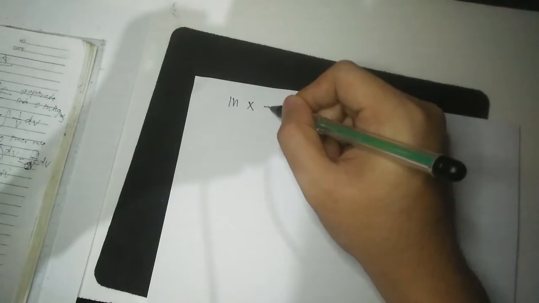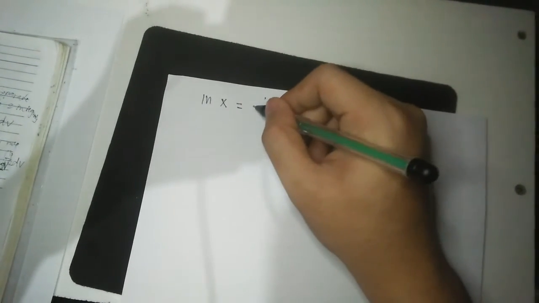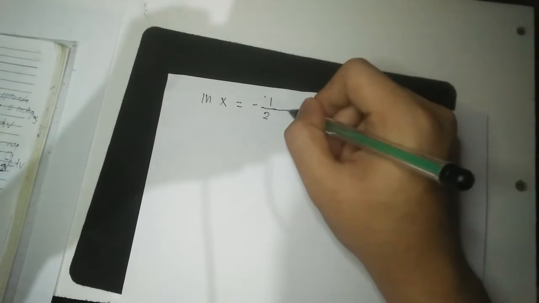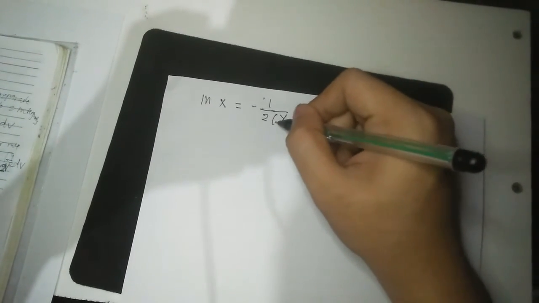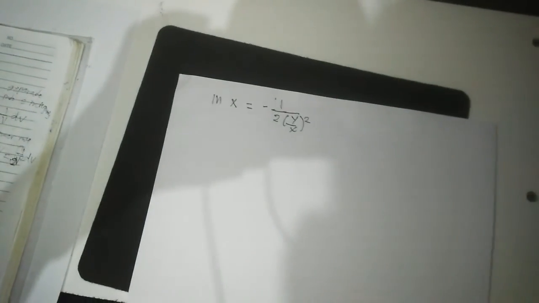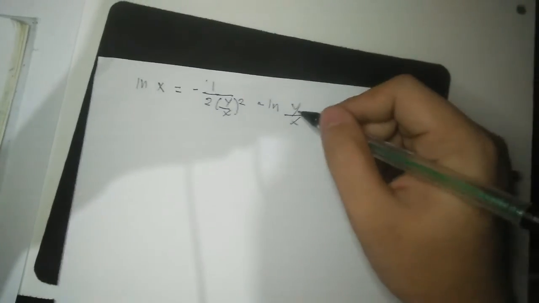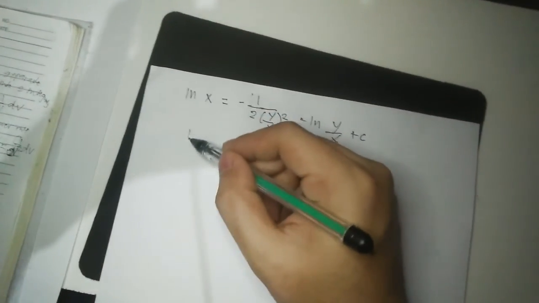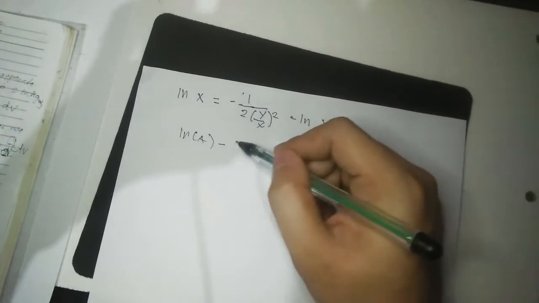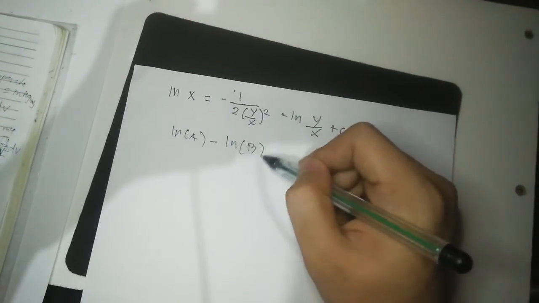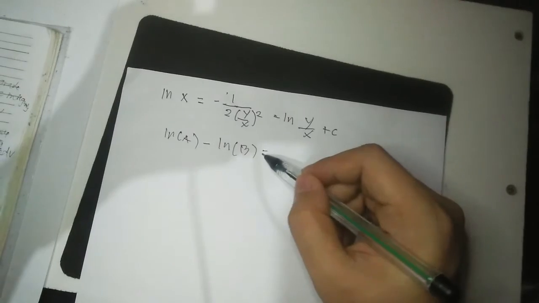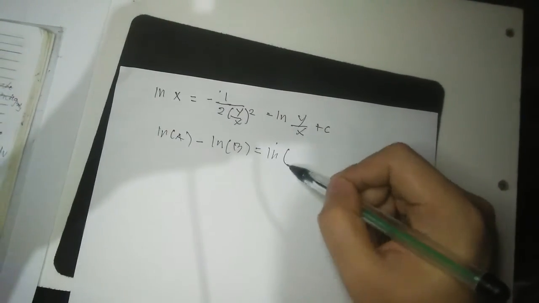So now it will become ln x is equal to negative 1 over 2 times y over x squared, since we replace v with y over x, then minus ln y over x plus c. So now we recall that ln a minus ln b equals ln a over b.